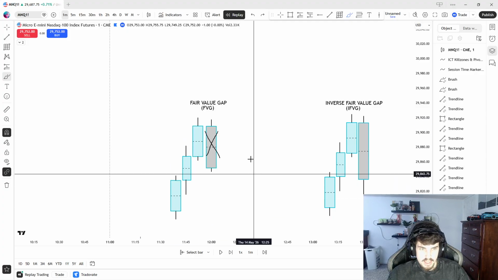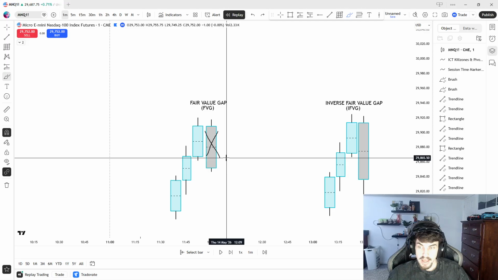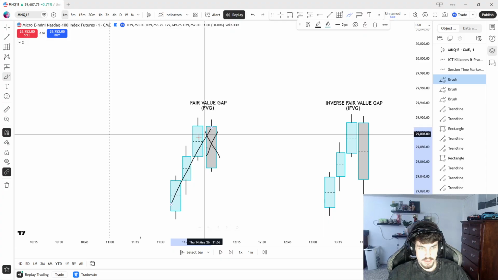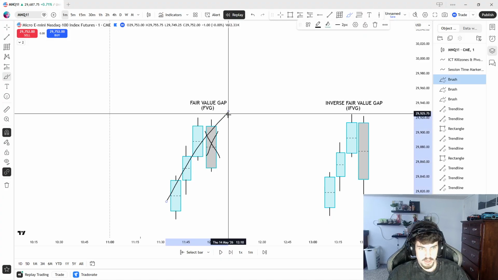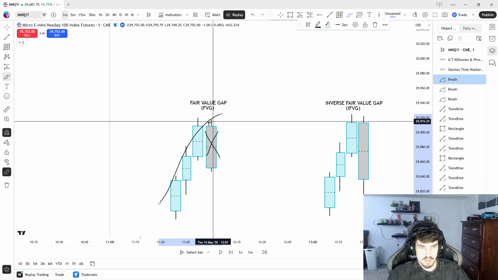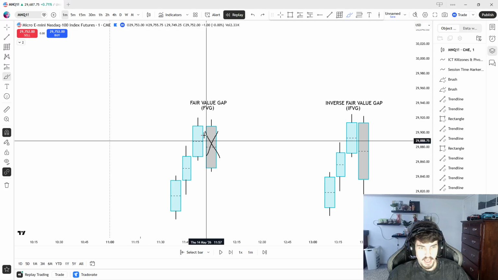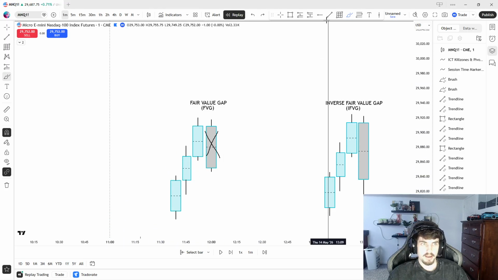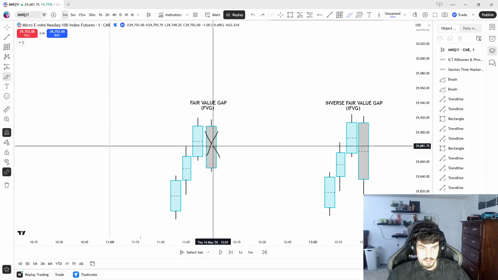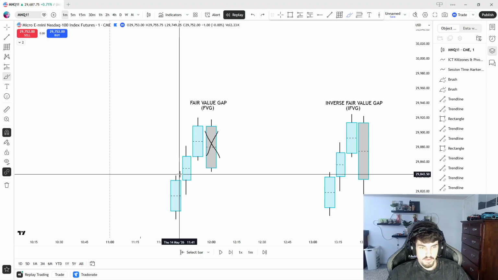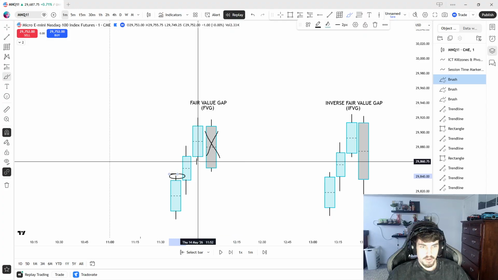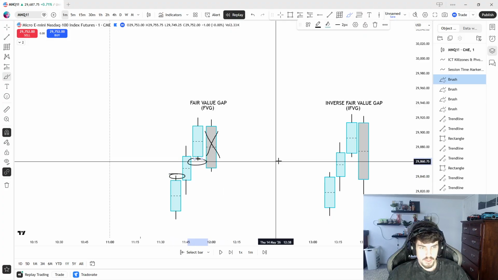But in this case, we are seeing an imbalance in the amount of people in either direction. We're seeing an imbalance in the amount of people that want this market to go upwards because it's moving so fast upwards. We're seeing so many orders going up, and we're not seeing as many orders going to the downside. So when price does this, what are we focused on? We're focused on the first candle's high and the third candle's low.